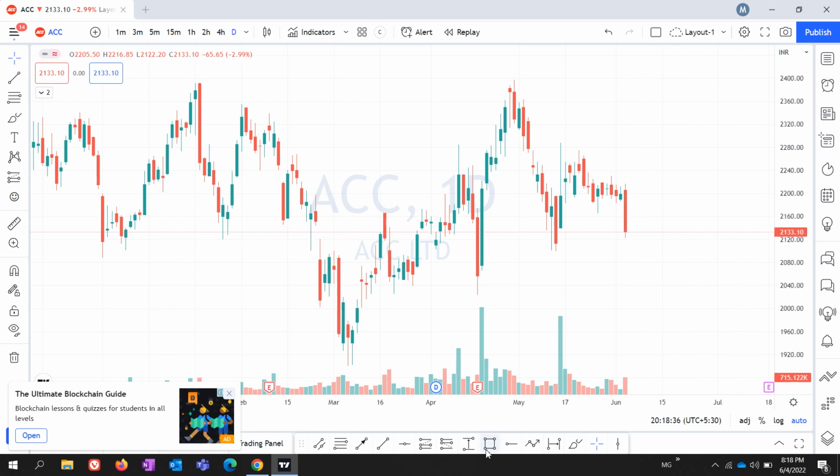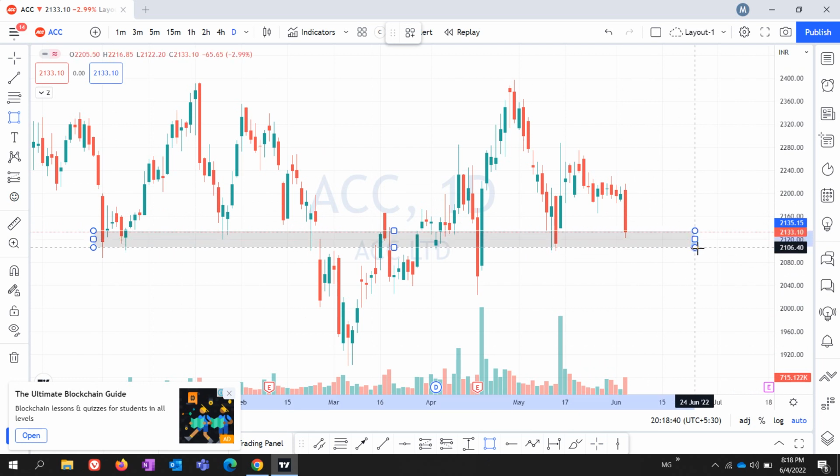candle over here. However, if you see, this is one of the zones where ACC Cement has found some support in the past, dropped, held this particular support area, bounced back, came over here again, respected the support area, bounced back.